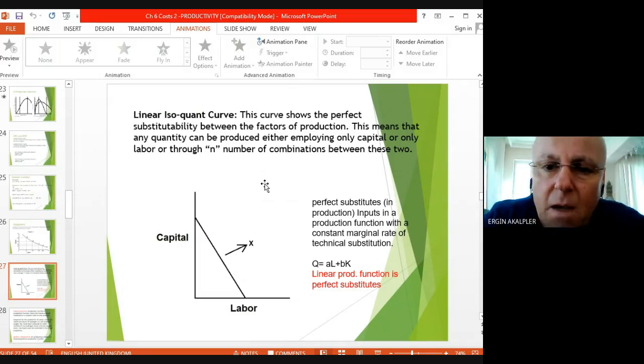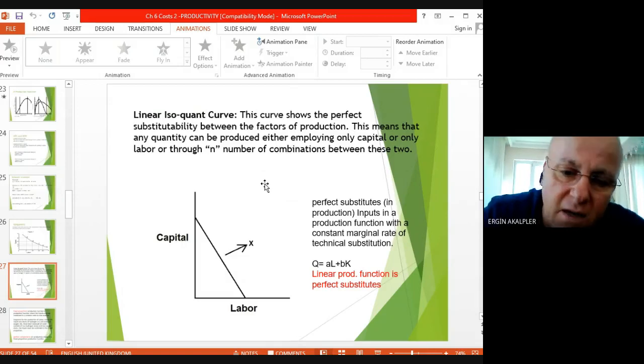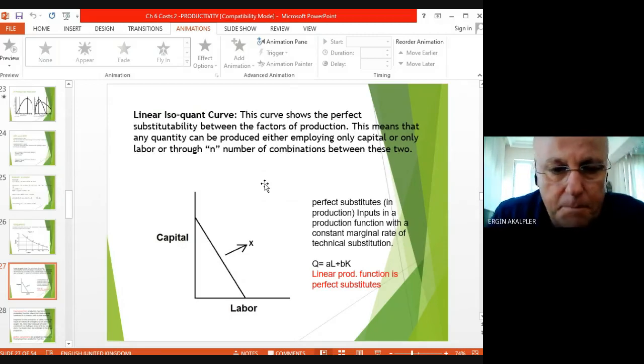This means that any quantity can be produced either employing only capital or only labor, or through any number of combinations between these two. The perfect substitute in production inputs is a production function with a constant marginal rate of technical substitution. Therefore, Q is equal to A multiplied by labor plus B multiplied by K. This is a linear production function in which the inputs perfectly substitute for each other.